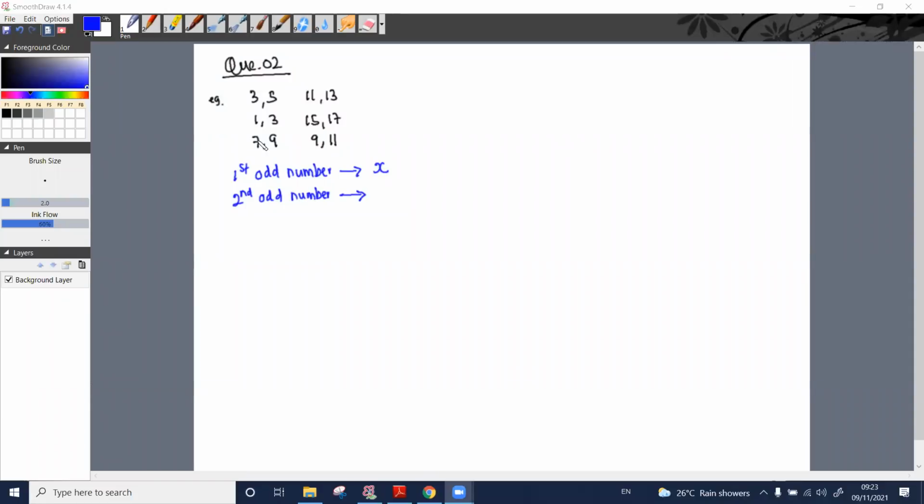If x is 7, then 2x is 14, but we need 9. Yes, x plus 2. Two has been added: 11 plus 2 is 13, 15 plus 2 is 17, 9 plus 2 is 11. Likewise, if the first odd number is x, then the second odd number is x plus 2.